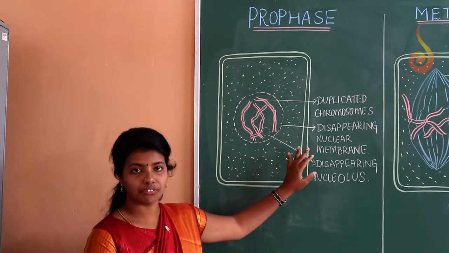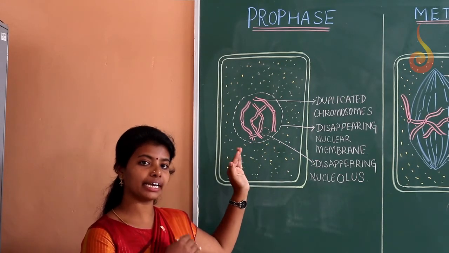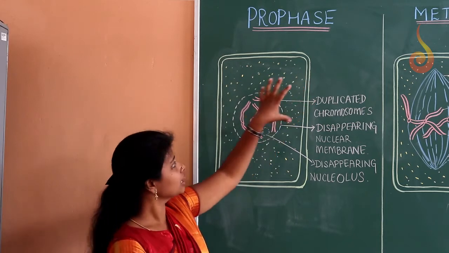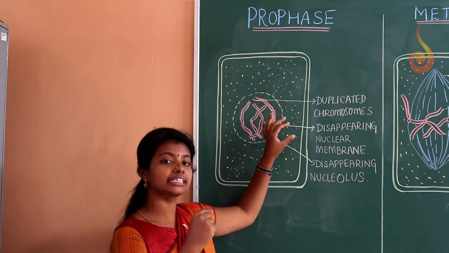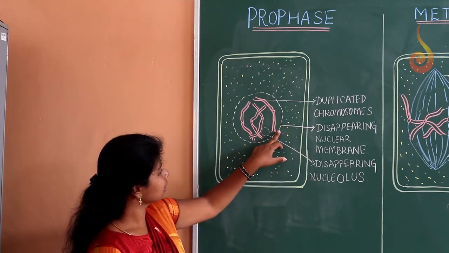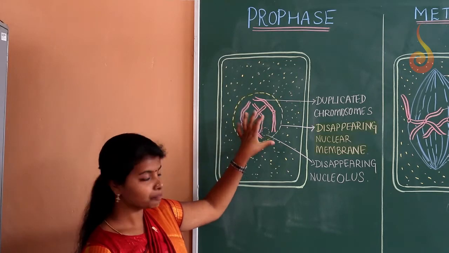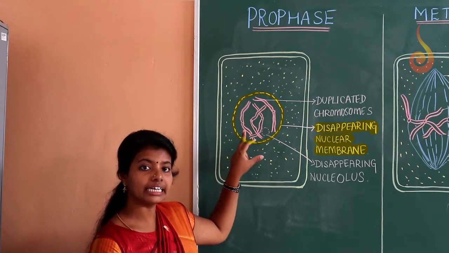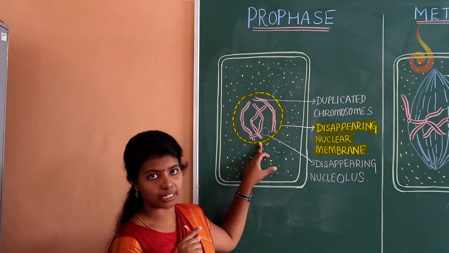To start with, the first stage of mitotic karyokinesis is prophase. Now in prophase, what are the significant features that we have to observe? First, the nucleus gets almost centrally located, and you could see a dotted line. The dotted line indicates the disappearing nuclear membrane.